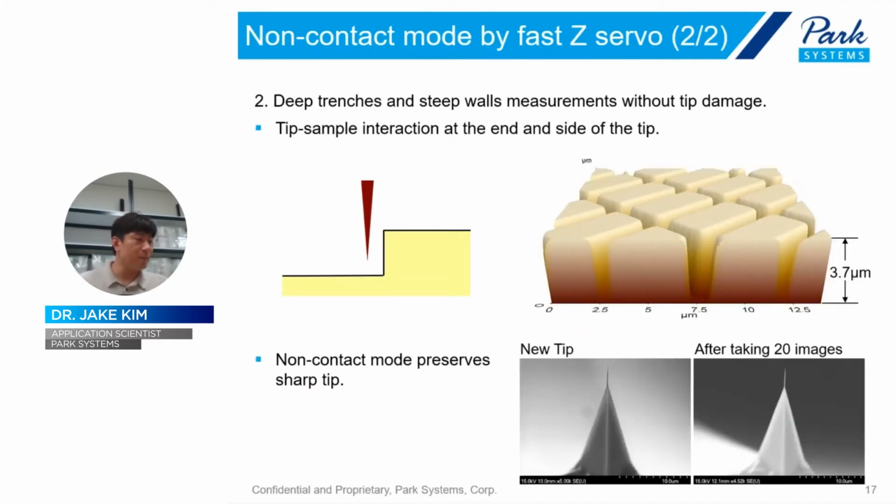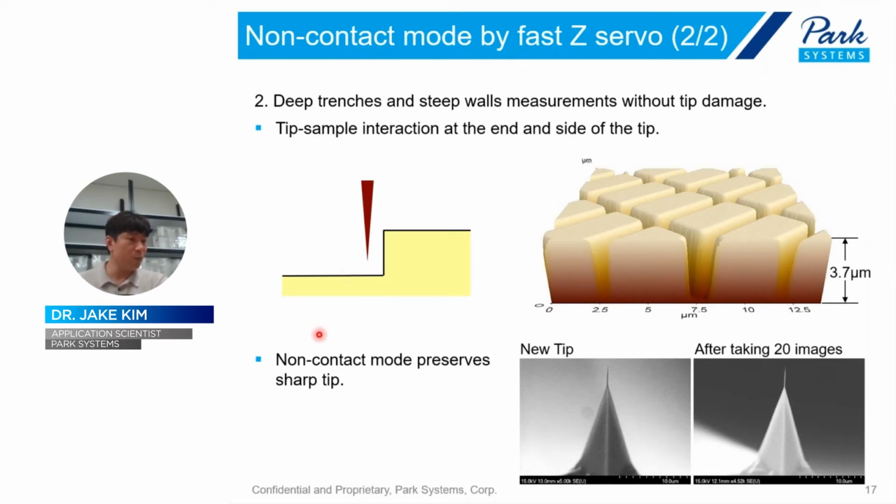Next, we change the sample type, not a flat surface, but deep trenches with a very steep wall structure. Normally with this sort of sample, if the Z solver response is not proper or is slow, this AFM tip will be broken very easily.